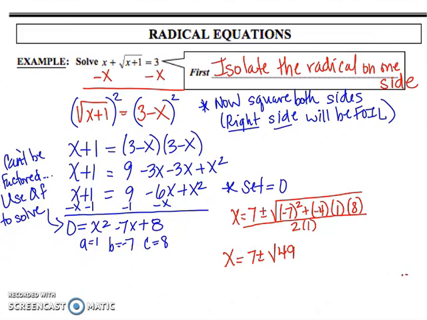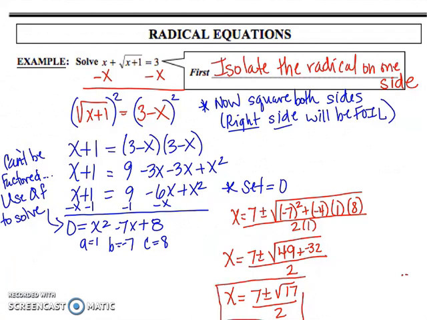Negative 4 times 1 times 8 is going to be negative 32. And 2 times 1 is 2. So then I have x equals 7 plus or minus the square root of 49 plus negative 32, that's 17. And the square root of 17 cannot be simplified. Since the square root of 17 can't be simplified, that is going to be what my answer will stay as. So there we go. We're done.